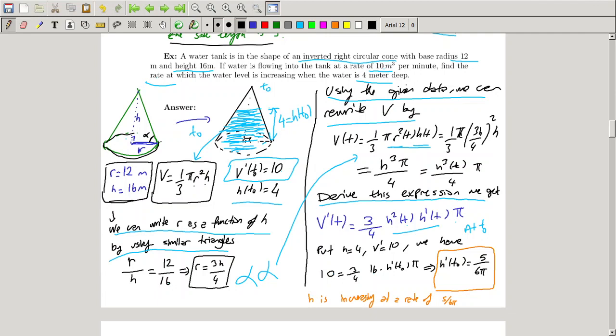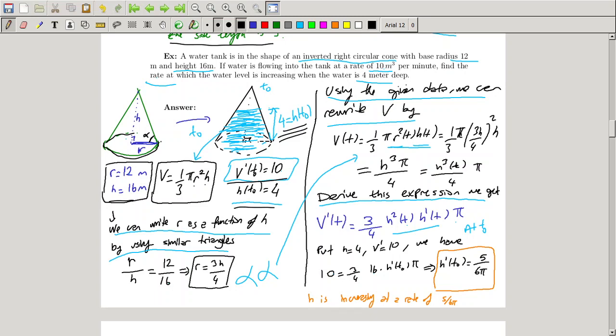So let me read the question again. If water is flowing into the tank at a rate of 10 cubic meters per minute, find the rate at which the water level is increasing when the water is 4 meters deep. So when h equals 4 and V prime equals 10, what is asked?